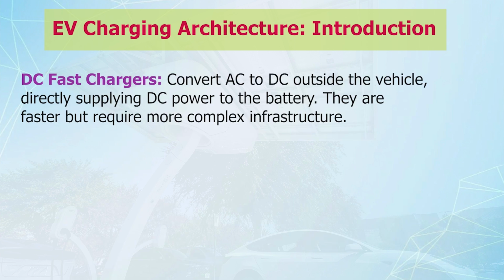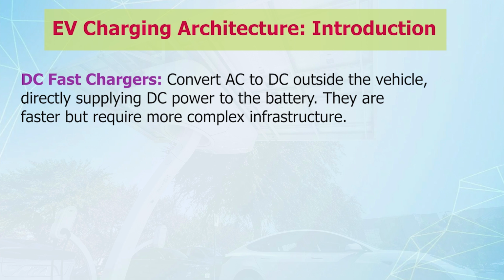We have DC fast chargers. These DC fast chargers can convert AC into DC, and these chargers are outside the vehicle. They are not inside the vehicle, as we have seen in the case of the onboard charger. The onboard charger, we need to carry with the vehicle, or it is integrated inside the vehicle.